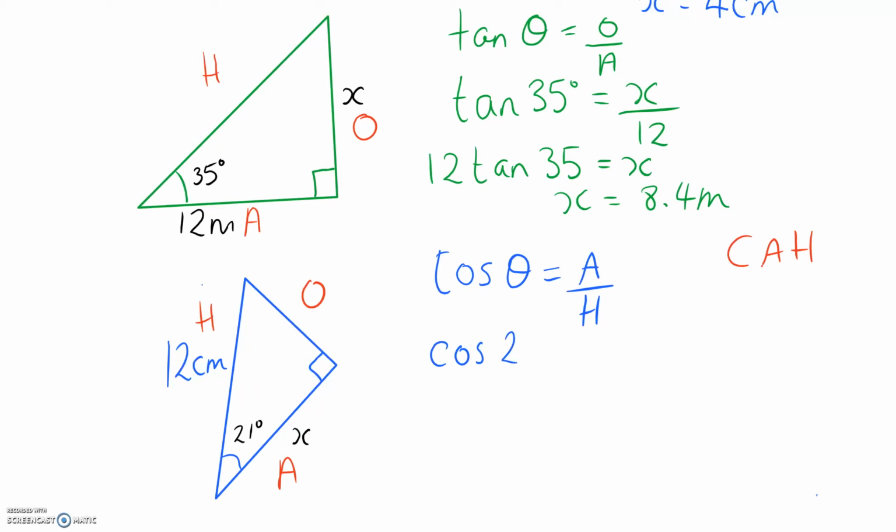Cos 21 degrees is x over 12. Multiply the 12 out the front. 12 cos 21 equals x. This is what you type into your calculator, 12 times cos 21. And you should end up with x equals 11.2 centimeters.